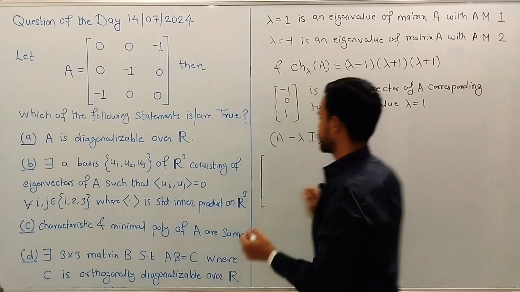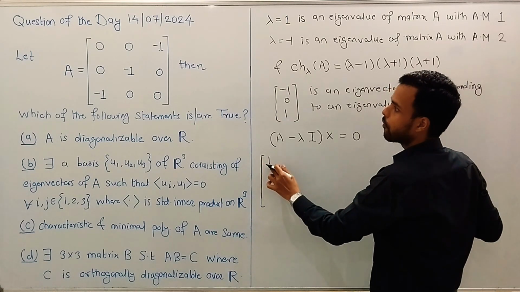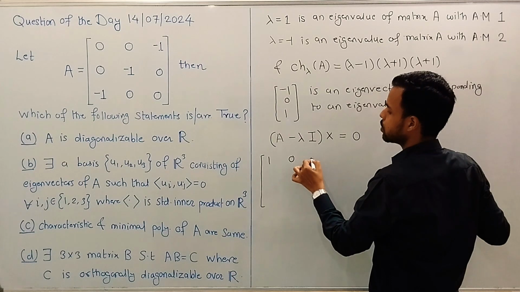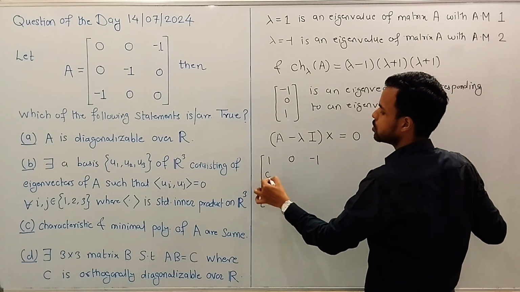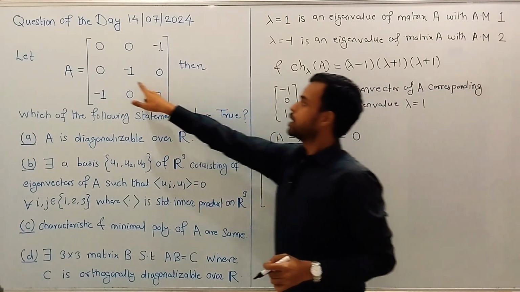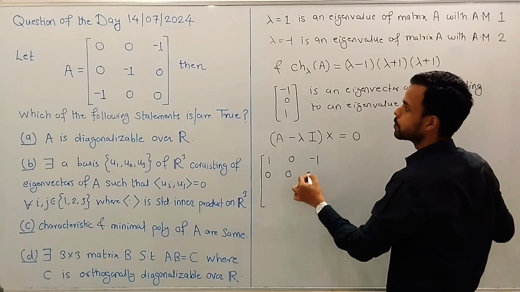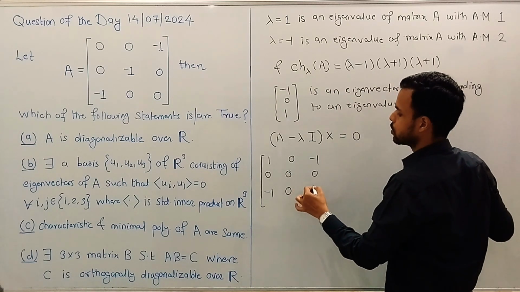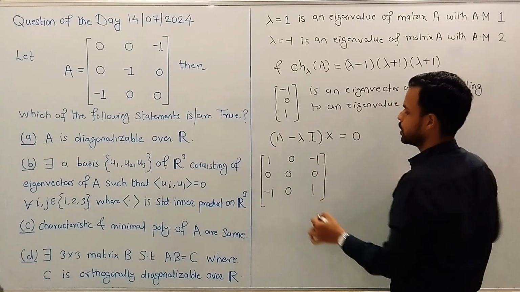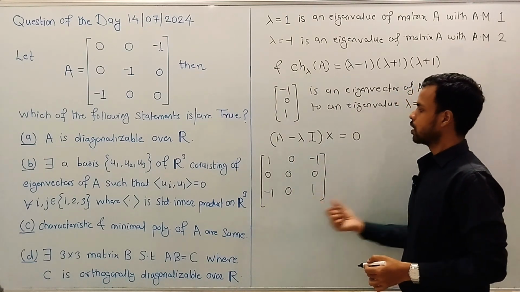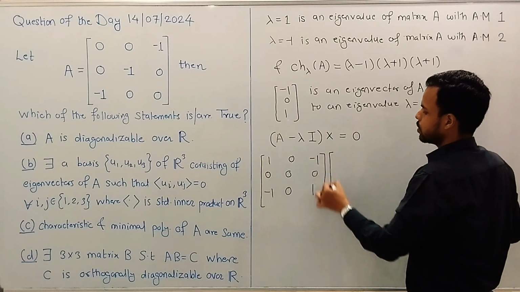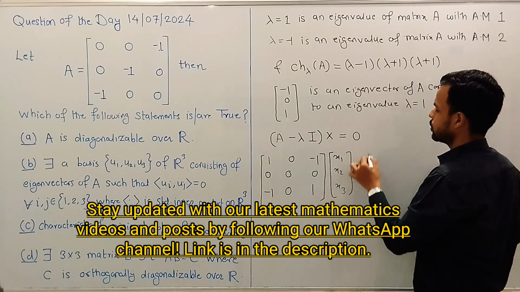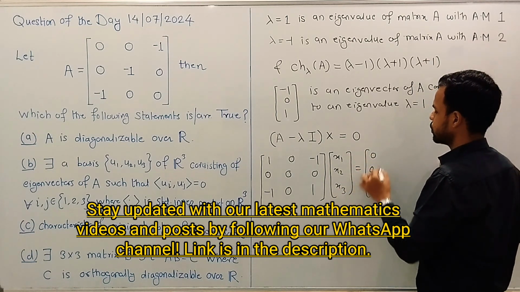So A plus I will have entries 1, 0, minus 1, 0, minus 1 plus 1, which becomes 0, 0, minus 1, 0, 1. This is the matrix A plus I, and this is the column vector x1, x2, x3, and this is 0, 0, 0.